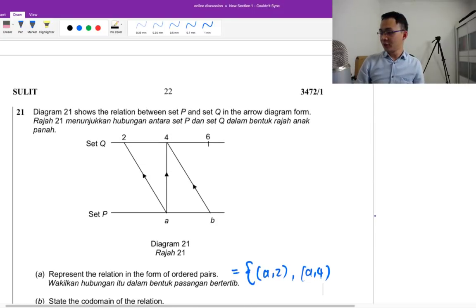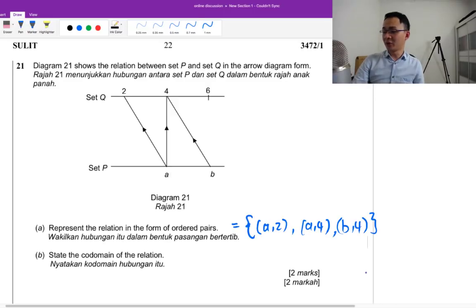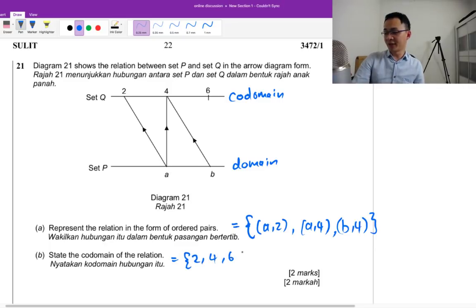And then B will pair with 4, just B4. That's all. State the codomain. When you start from here, this one I call the domain, and the other one I call the codomain. So for the codomain, you just write all the values here, which are 2, 4, and 6. That's all.